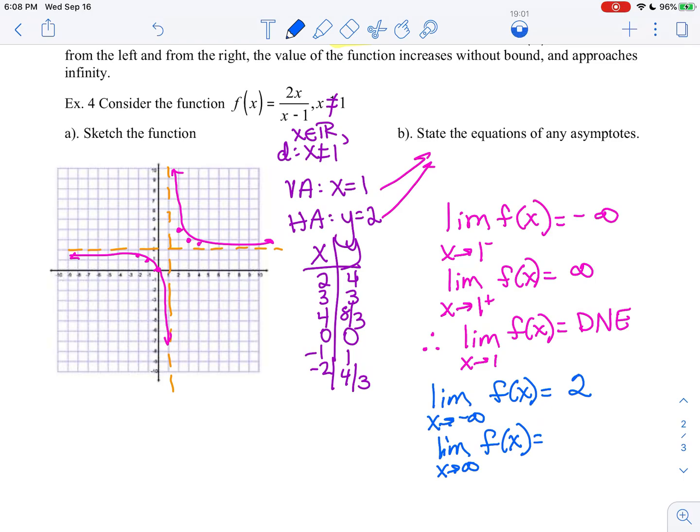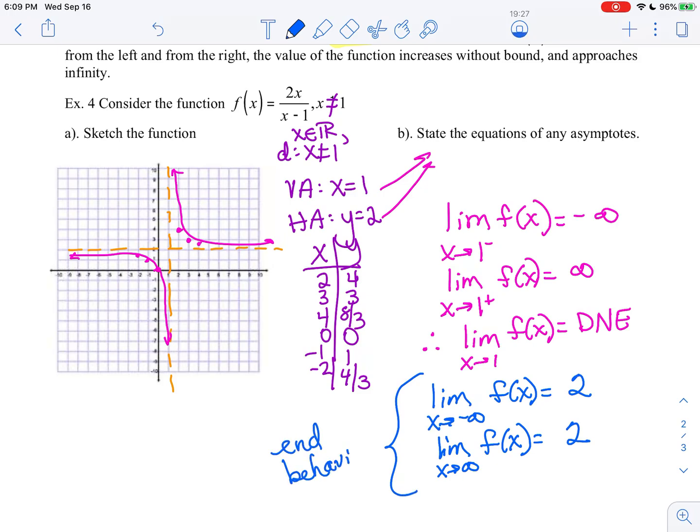So now if I go out to the far right, the limit as x approaches infinity of f of x equals 2. Now, do you understand with what I have in blue, I don't have a therefore here because x wasn't going to a number. It wasn't going from the left and right hand side of one number. So this is really referred to as end behavior.